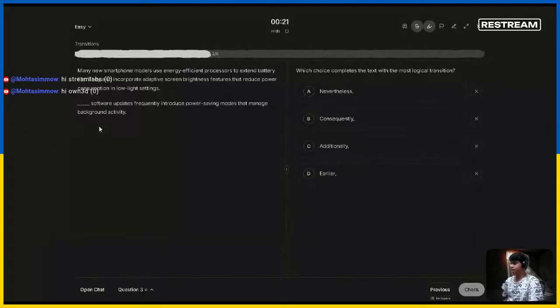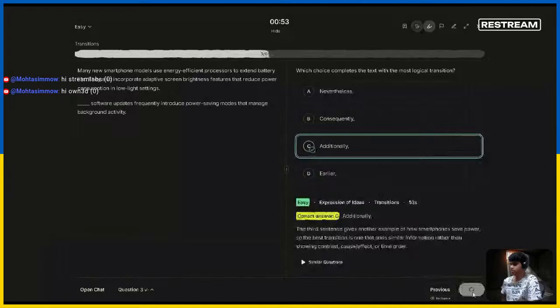Blank, and they introduce power saving modes that manage background activity. Okay, so nevertheless is a conclusion where consequently, additionally, software updates.